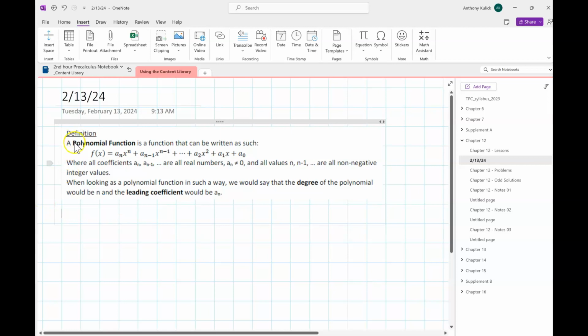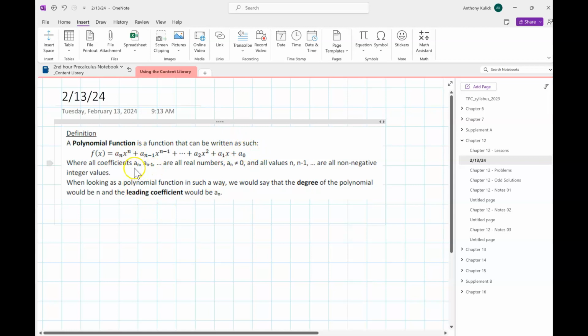When we say a polynomial function, we mean something that can be written as some leading coefficient times x to the n, plus some other coefficient times x to the n minus 1, and so on, all the way down to some coefficient times x squared, some coefficient times x, plus some constant term.